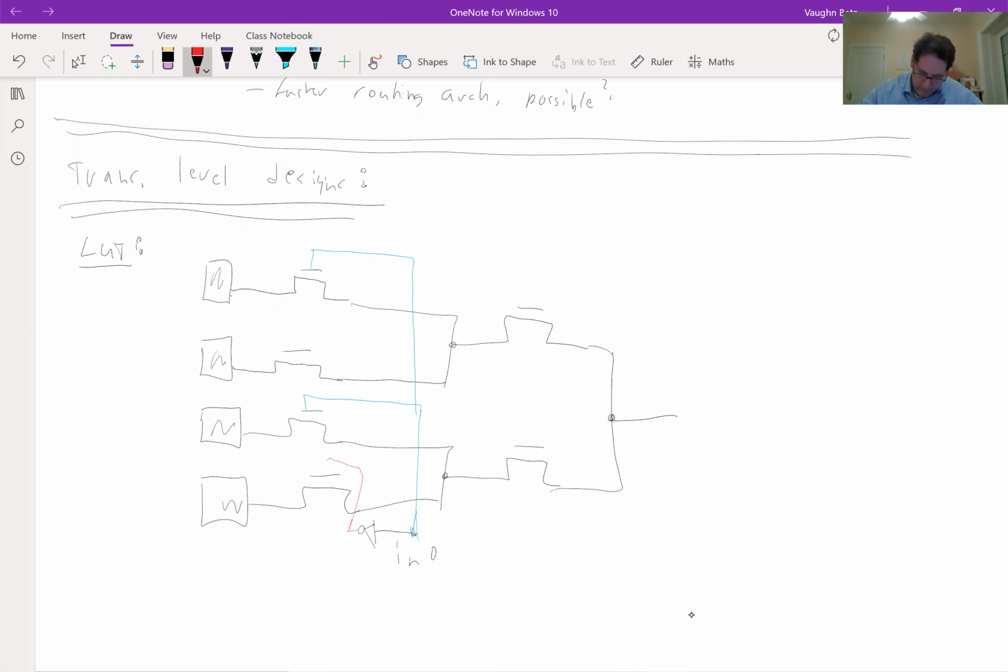My input is low, I want to activate these 2 transistors. So that's my first stage of muxing. That's basically a 2-to-1 mux.